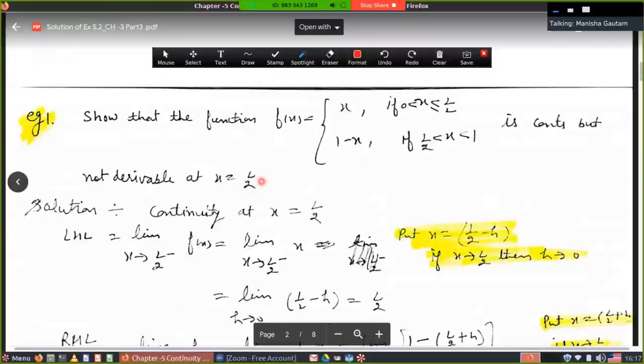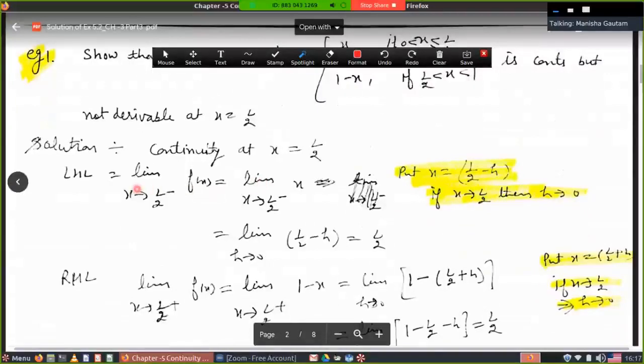Now for the continuity, as we know, the left-hand limit and right-hand limit both should be equal to the value of the function at the point x = half. Now we'll check the left-hand limit and right-hand limit for the continuity of the function. Left-hand limit, x tending towards half, the minus sign shows that it is a left-hand limit.